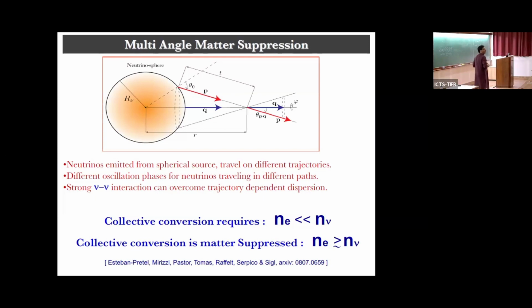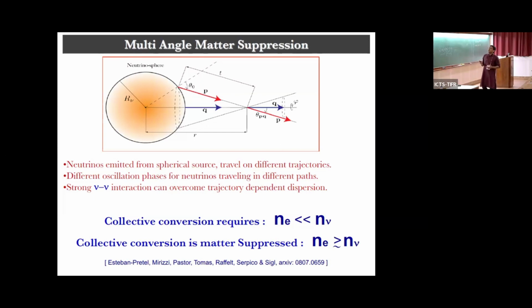So the broad idea people had was that if the neutrino density around the neutrinosphere is larger than the electron density, I do not have any problem. I can have a nice coherent picture, and collective oscillations can happen. However, if the electron density is really high, then these collective conversions can get suppressed.